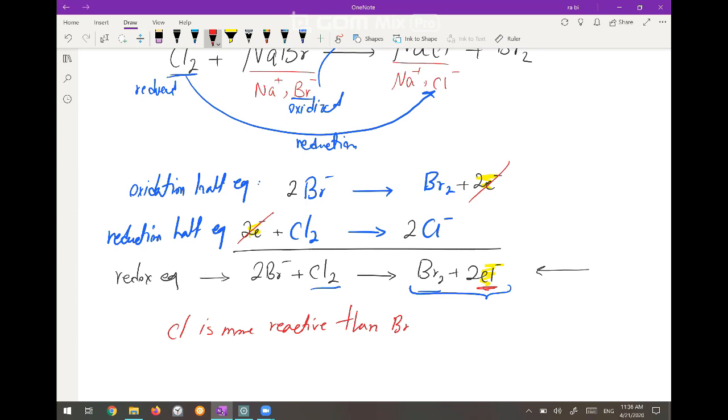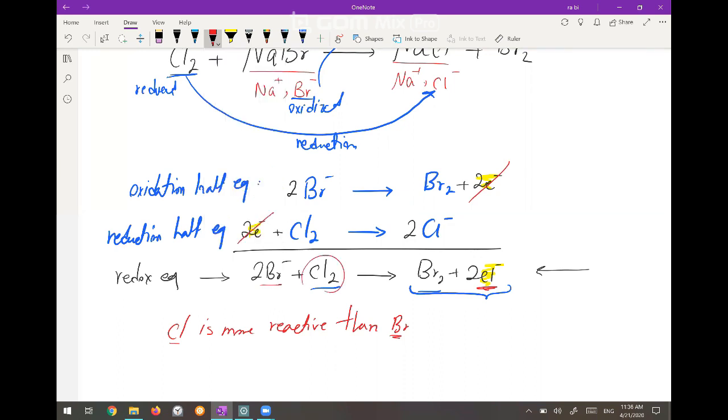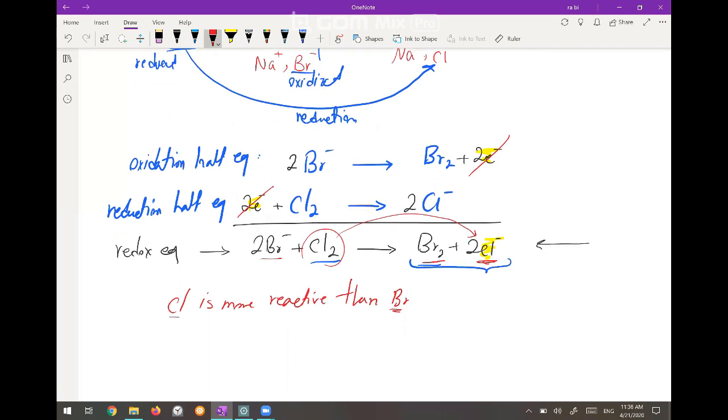If the bromine was more reactive than chlorine, this reaction could not take place, because the more reactive element remains in the ionic form. But because here the chlorine is more reactive than bromine, the chlorine converts to the ion, and bromine is in uncharged form. So now we can understand that chlorine is more reactive than bromine.